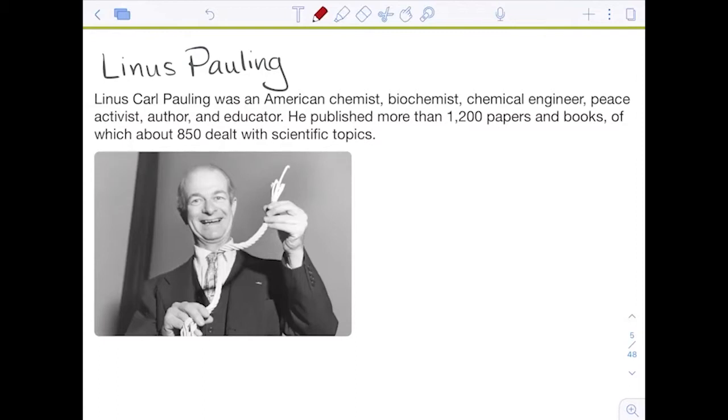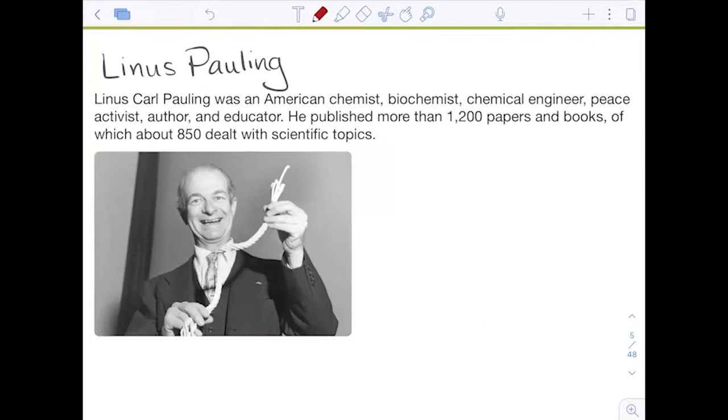He had written more than 1,200 papers and books, which dealt with over 850 scientific topics. He is one of the founders of quantum chemistry and molecular biology. He was born in 1901 and he died in 1994. So after you were, before you were born, but well after I was born.